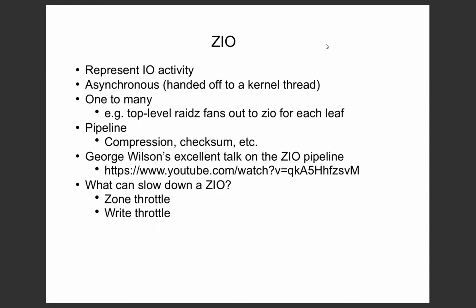One of the things to be aware of is how this is configured. If you look at a zone configuration, there's a property on there called the ZFS IO priority property. It allows you to set a bit of a priority, which factors into the calculation of what should be done for that zone. By default, all of our zones have this property set, so the zone throttle could be taking effect for that zone.